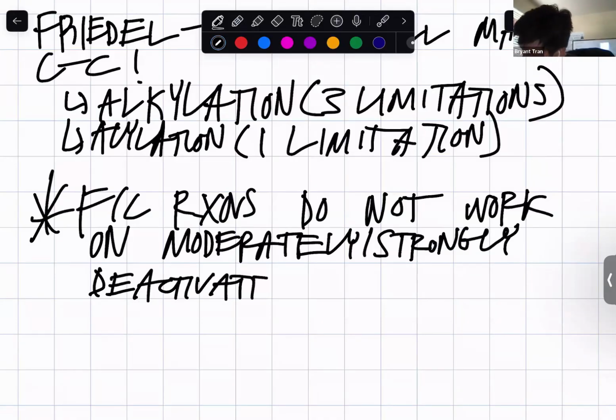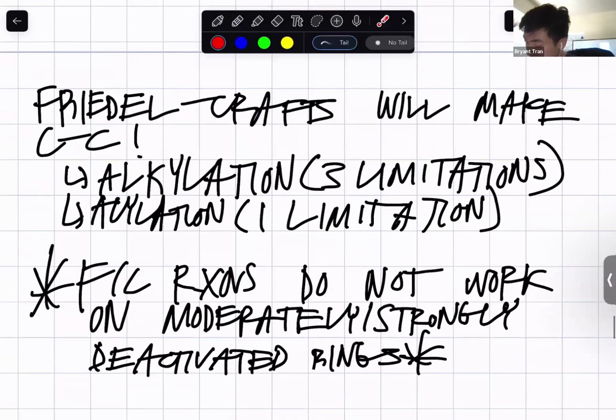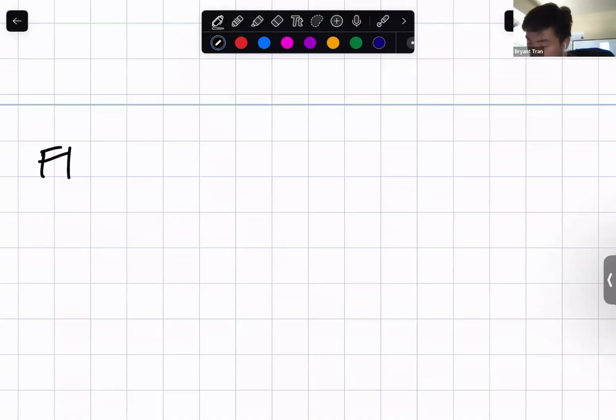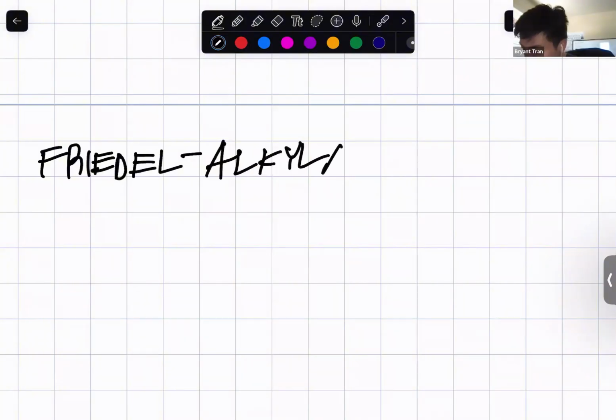Deactivated rings. Okay, so let's first talk about alkylation, right, which is a tricky one. Out of all of the electrophilic aromatic substitution reactions, Friedel-Crafts alkylation is going to be the most involved, the most difficult in my opinion, because there are a lot of scenarios that could go with this.